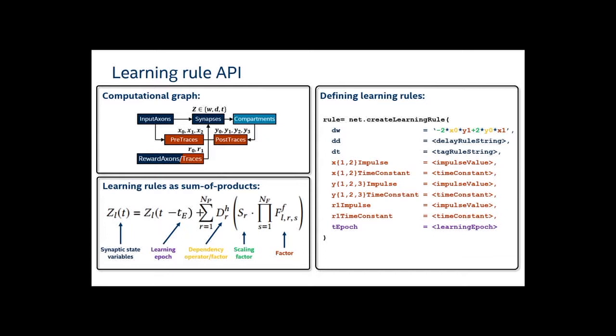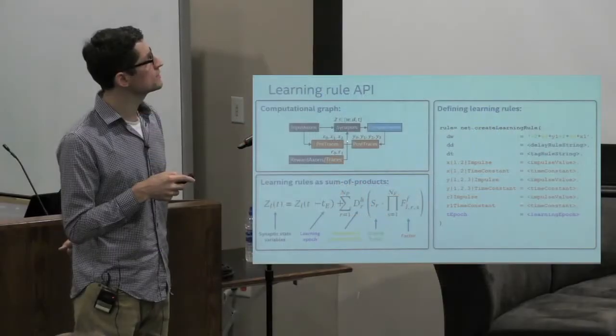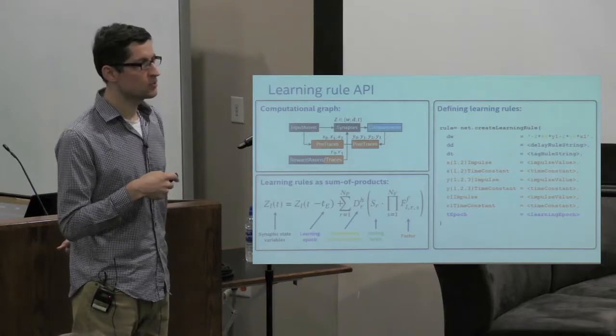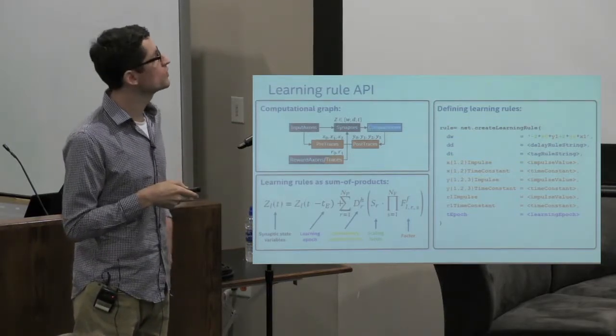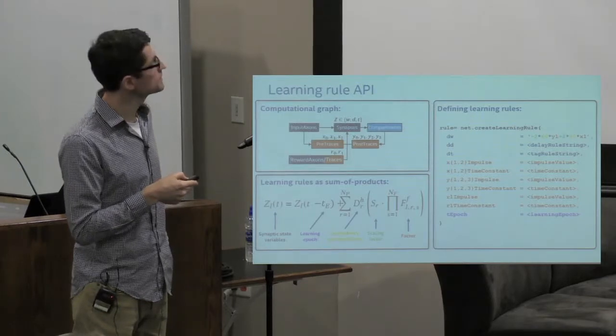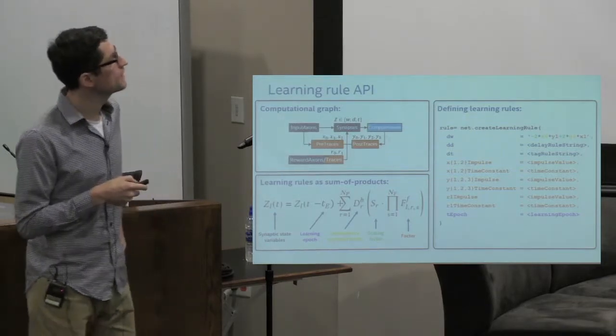They have access to local information in the form of presynaptic and postsynaptic information. Everything presynaptic is denoted with X, postsynaptic with Y, and the X0 and Y0 represent the spike trains on the pre- and postsynaptic side. The 1s, 2s, 3s and so on represent spike traces, exponentially filtered versions of those spike trains, and analogously also reward traces.